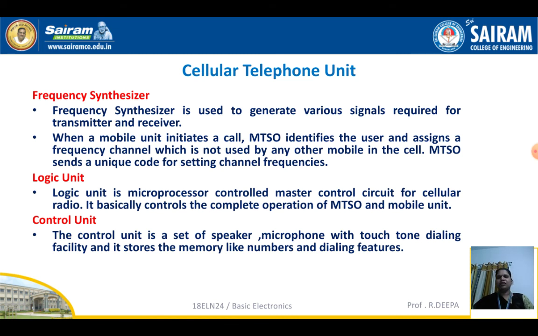Coming to the frequency synthesizer, it is used to generate various signals needed for the transmitter and receiver. When a mobile unit initiates a call, the call will first be identified by the MTSO, and it assigns a frequency channel which is not used by other mobiles in the same cell. Then it sends a unique code for setting channel frequencies. This is about the frequency synthesizer.